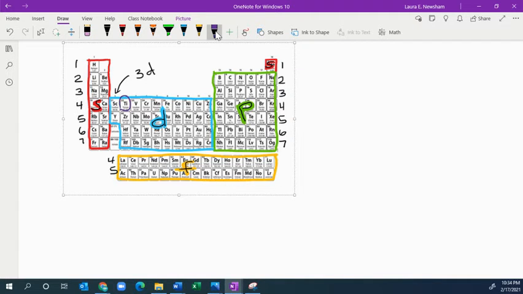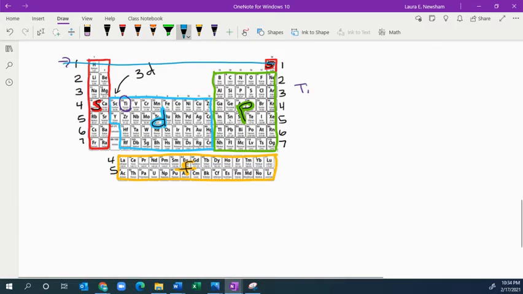Let's do titanium. So we start at the first energy level here, and we go through until we get to titanium. So we have, let me give myself some room here, 1s2, and I have 2s2.